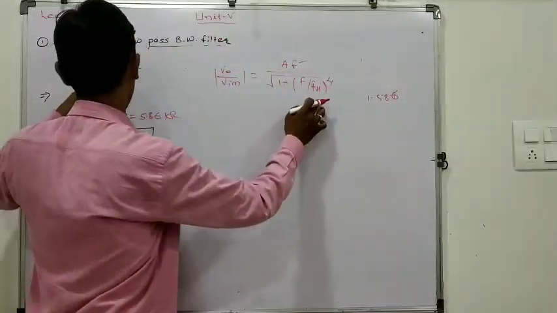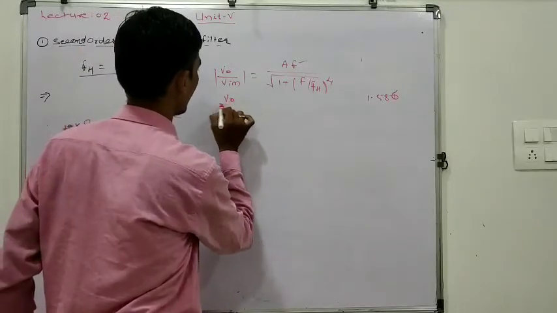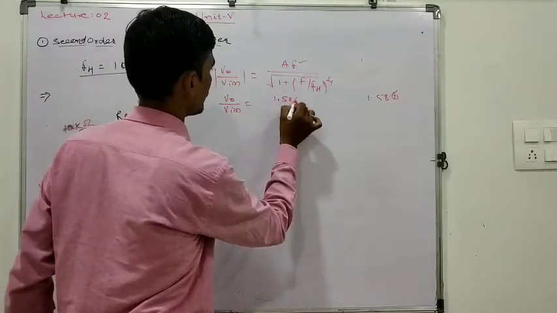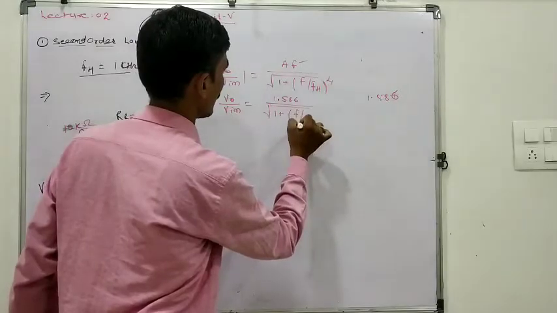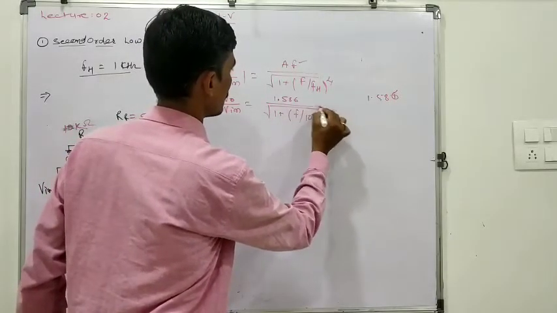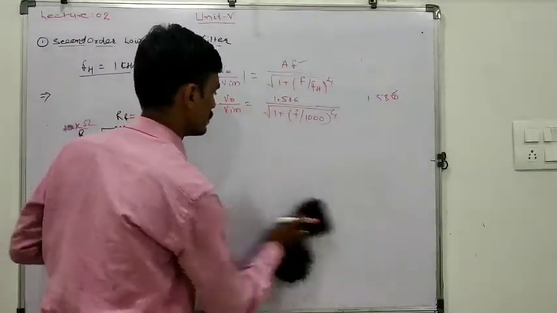Again, FH is mentioned as 1K. So VO by Vin is equal to 1.586 divided by under root of 1 plus F divided by 1000 raised to power 4. Now again we have to plot the response.